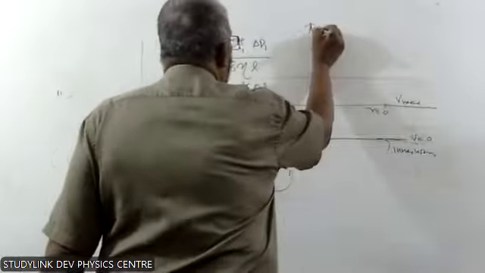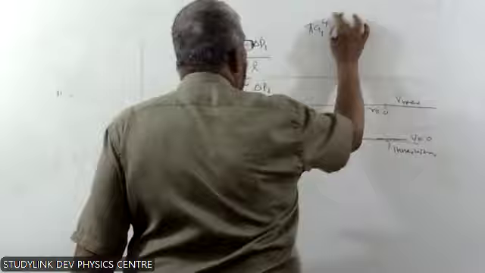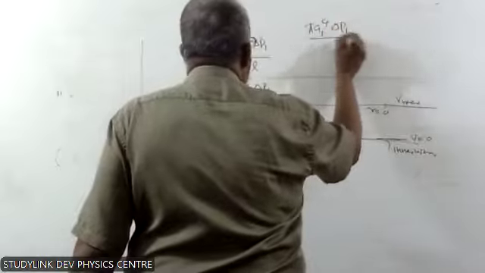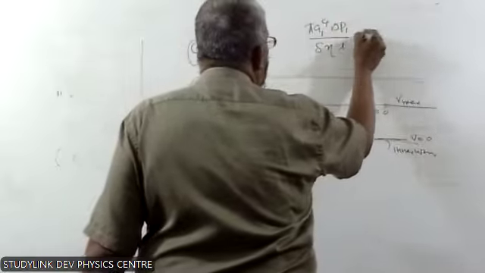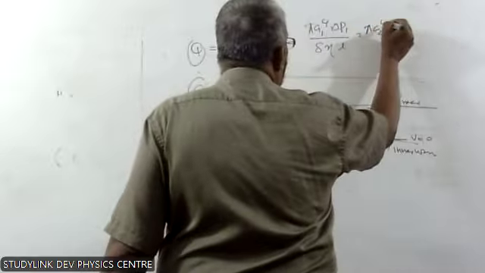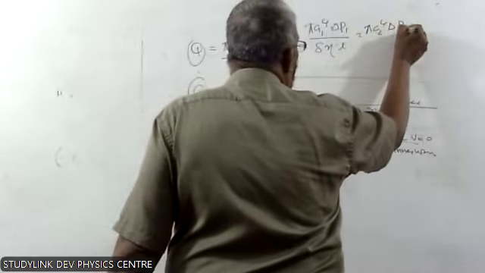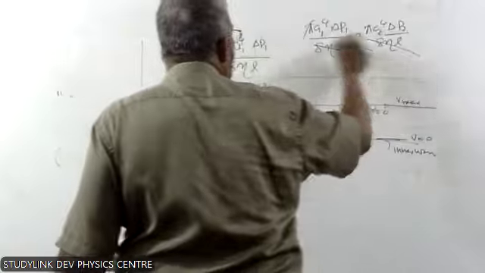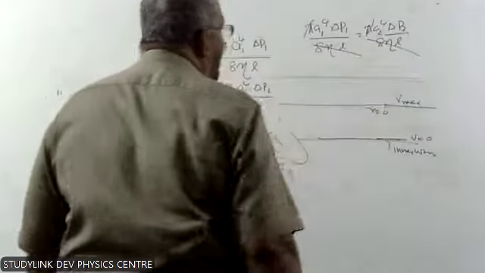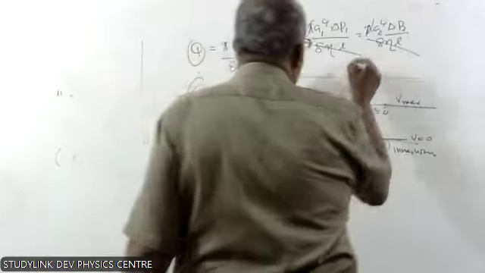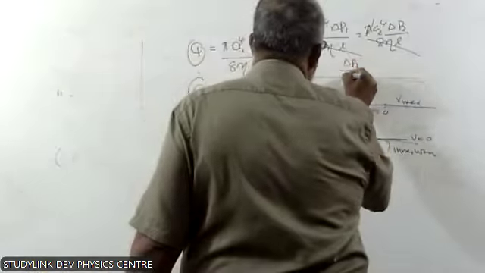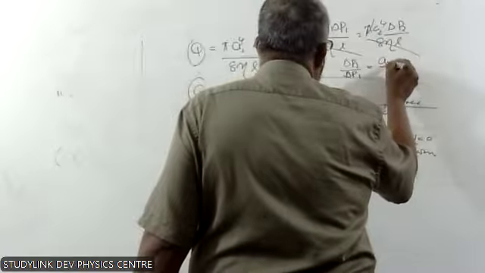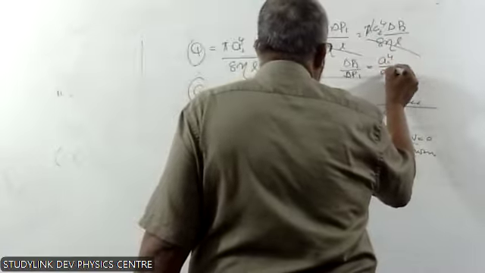Pi A1 to the power 4 delta P1 divided by 8 eta L is equal to pi A2 to the power 4 delta P2 over 8 eta L. See, these are cancelling off. Then delta P2 divided by delta P1 is equal to A1 to the power 4 over A2 to the power 4.